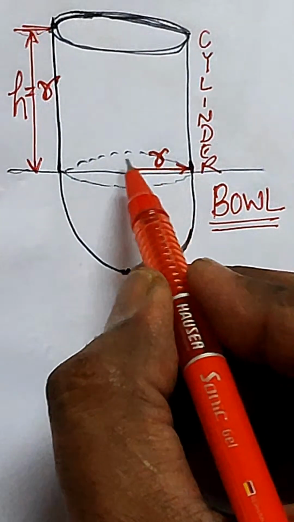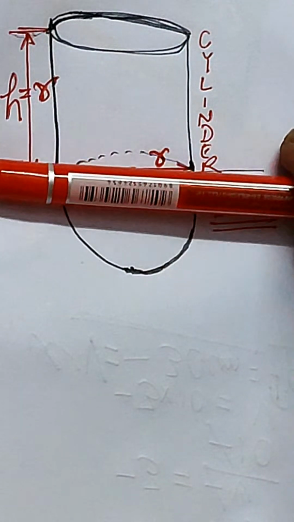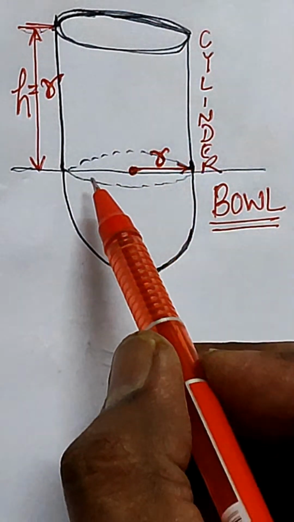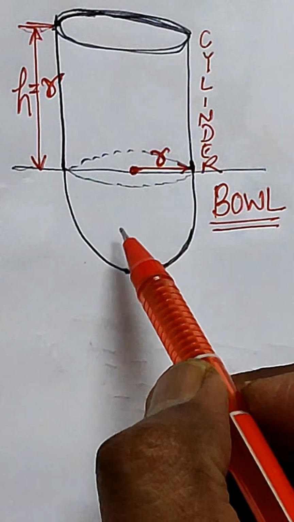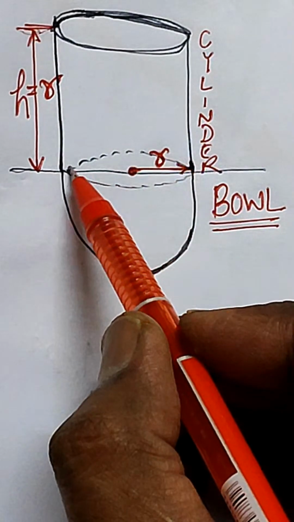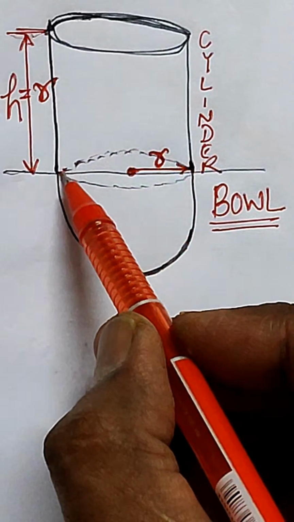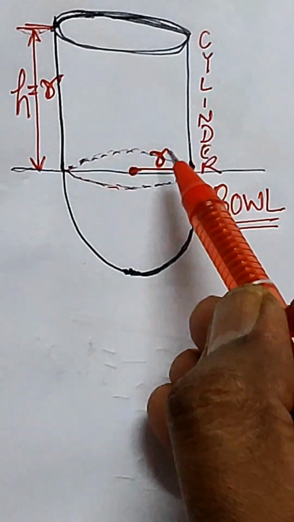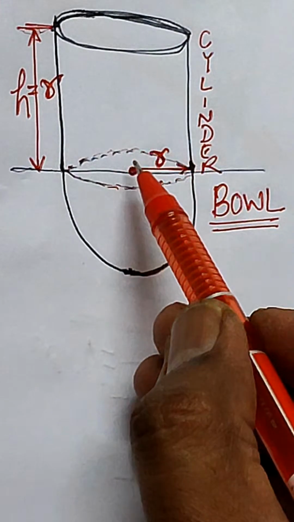You can see the base of this cylinder is matching the top of the bowl, because it's mentioned the cylinder is kept on the bowl. So you can just identify this portion, the cross section of this cylinder, which is matching with the bottom face.